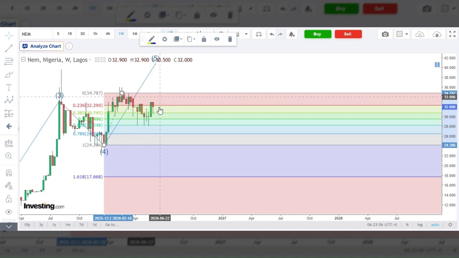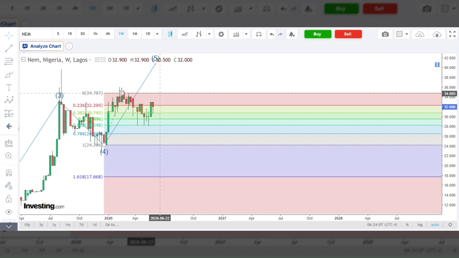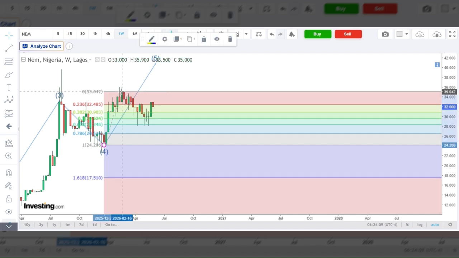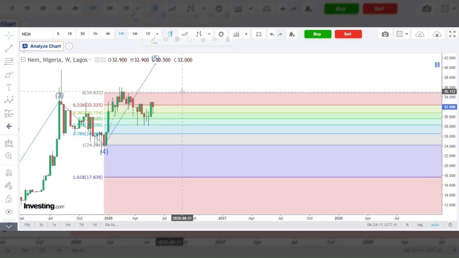So at the moment, this is still a good place to invest your money, because the prospect for this stock is 40 naira, which is a 33% gain. So after that, I think that is all.